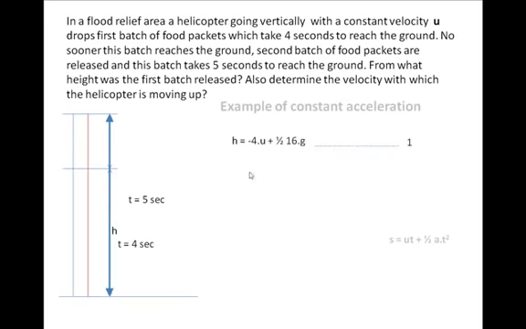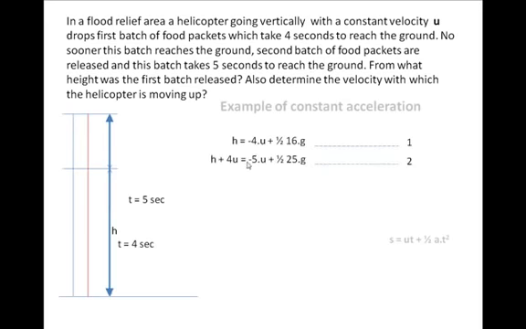So I apply this equation for height h. h is equal to ut, u is the velocity and t is the time, plus half, now you see here acceleration is gravitational, which is g, and t square is 16. So I basically applied this equation out here. Minus sign is because the packets are going down along the gravity, and the velocity of the helicopter is up, so that's why the minus sign.